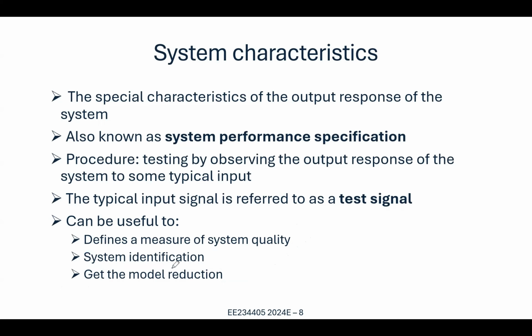And lastly, we can also perform what is called model reduction, which means that if we have a complicated transfer function, let's say 1 per s to the power of 5 plus 1, for example, can we get some simpler transfer function with more or less the same characteristics? That would also be an interesting topic to study.